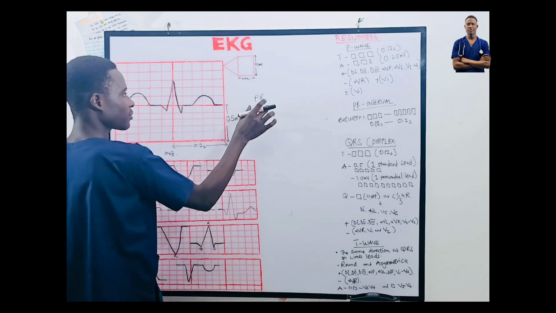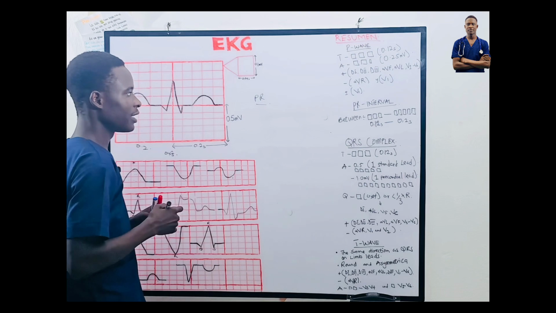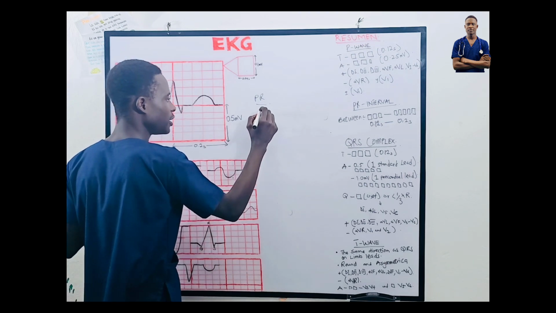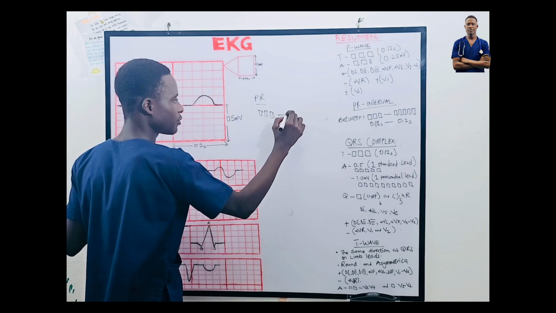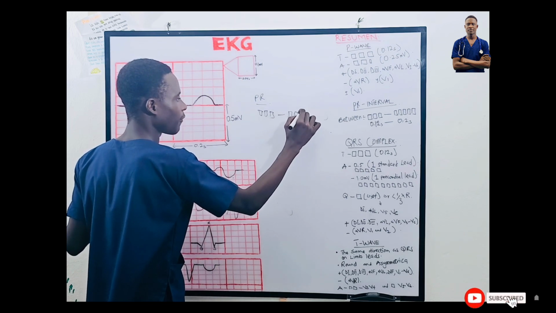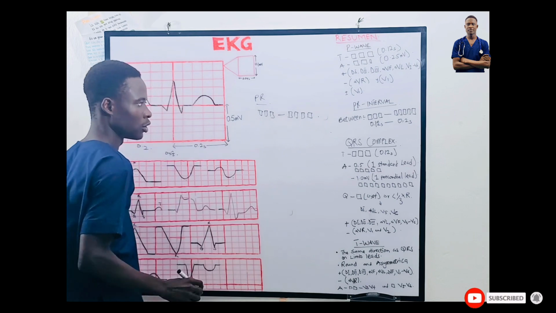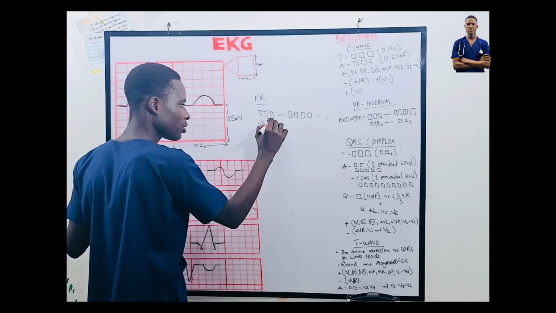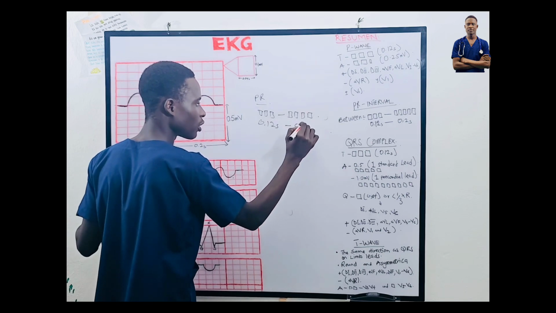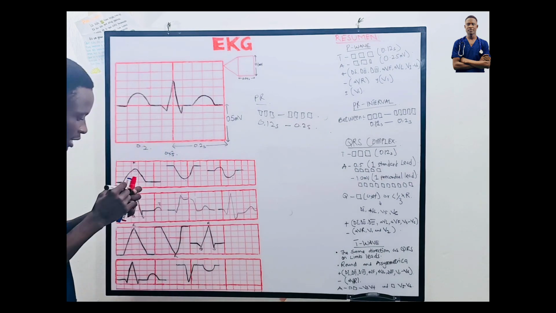And this PR interval has a range of what? Between 3 boxes to 5 boxes. So it must be between 0.12 seconds and 0.2 seconds. You understand?